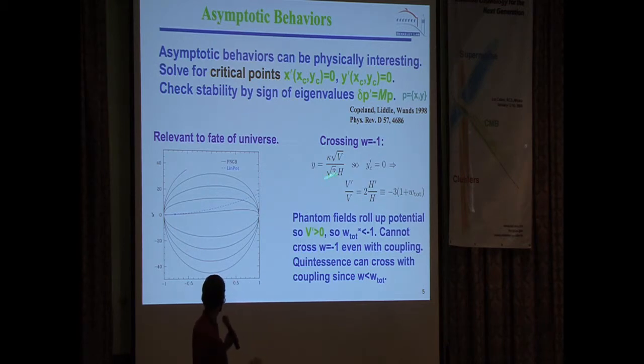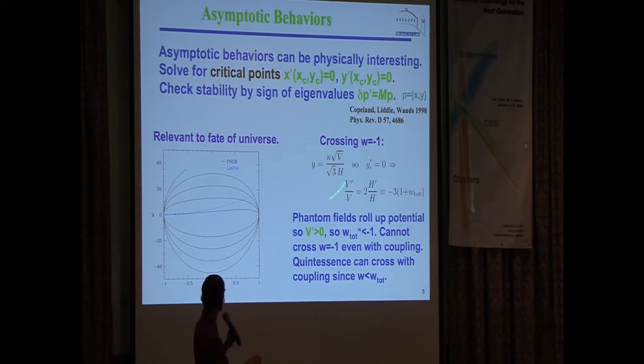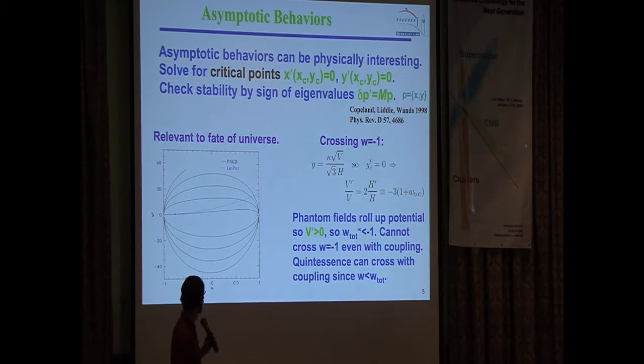And so let's go back to the y equation, the square root of the potential, and let's look at the critical point for that. So we're not solving for the potential, we're just asking what is the asymptotic behavior where y prime equals 0. You immediately get this equation out, and we can recognize that the logarithmic derivative of the Hubble parameter is the total equation of state, given in this particular form.